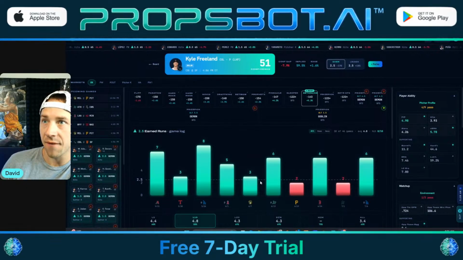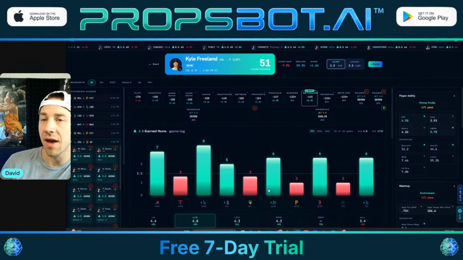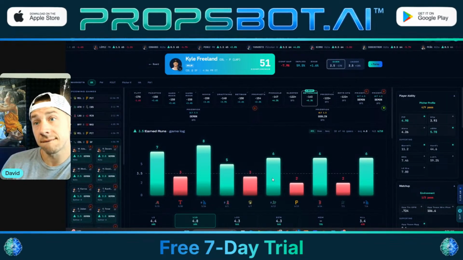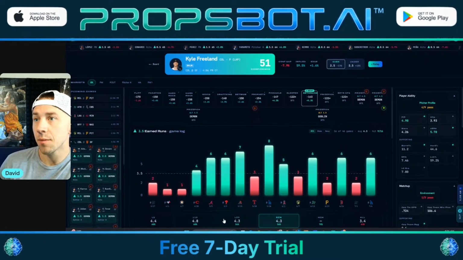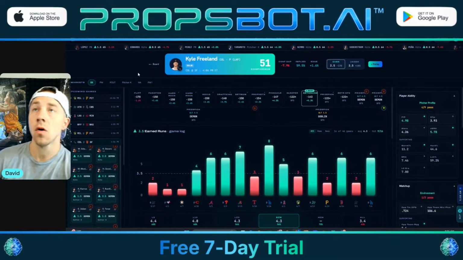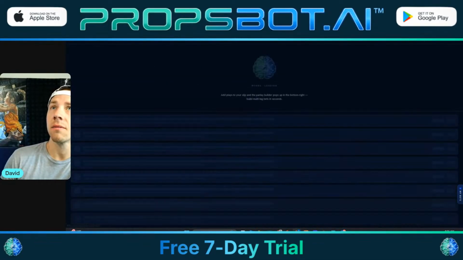Demon at 3.5 could be interesting, guys. Look at how many times he's gone above 3.5 here. 60% of the last 10, 56% of the last 20, still 56% on the season even. So just an idea.